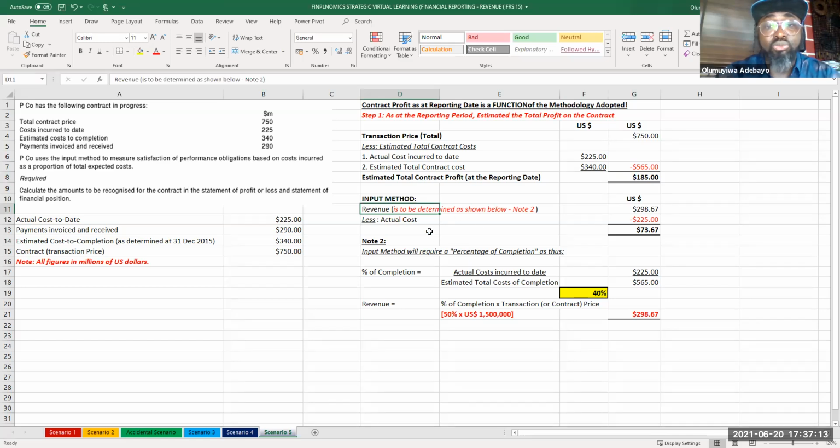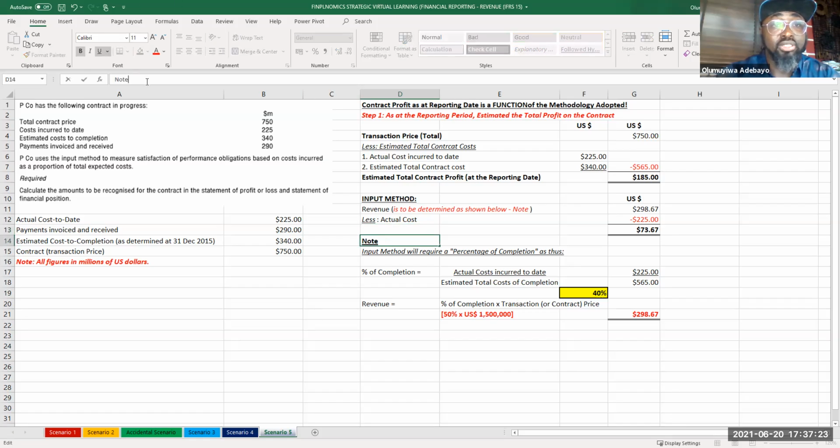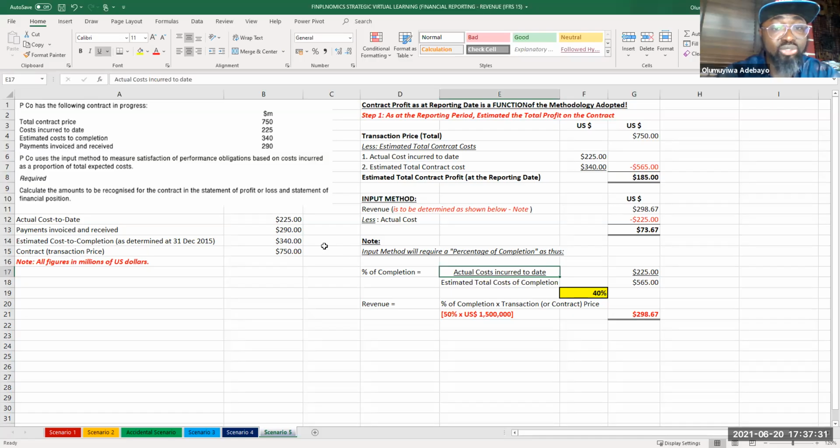revenue will be determined with reference to the note. Now, what is revenue? Revenue is a function of the percentage of completion. How? What is the actual cost? The actual cost is 225. Whereas the estimated total cost is 565.